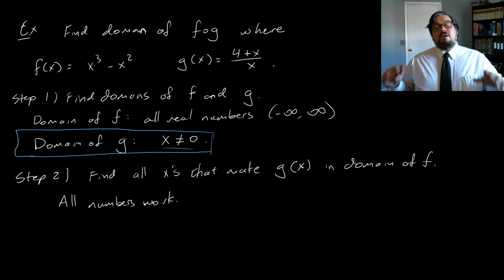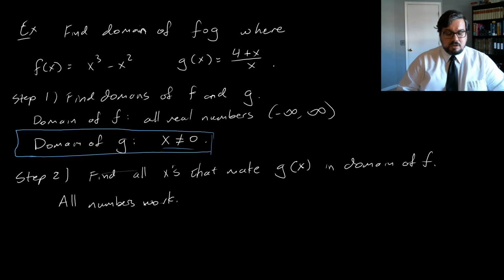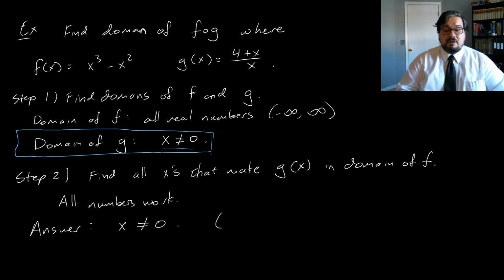Because normally it would be all numbers in the domain of g such that g of x is in the domain of f, but g of x is always in the domain of f if it's defined, because the domain of f is all real numbers. So for our problem, our answer is all real numbers other than 0, or in other words, the interval from negative infinity to 0, union with the interval from 0 to infinity.